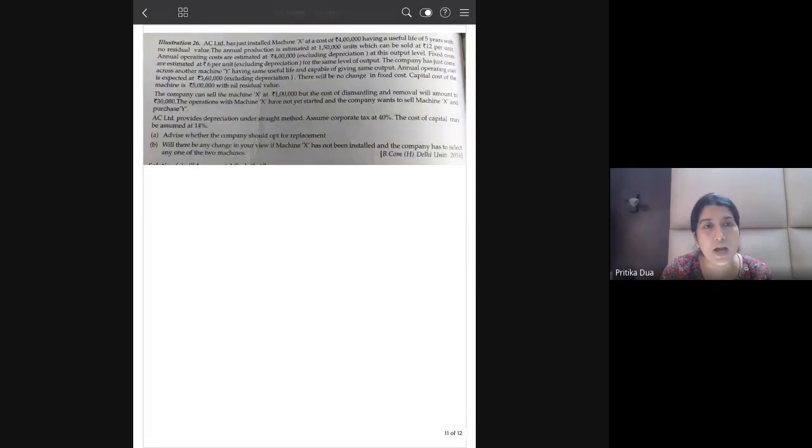Fixed costs are estimated at rupees 6 per unit. Okay, just think and tell, will we consider the fixed cost when we are calculating the cash flows? Are they relevant in such a scenario when you have two machines before you, or you are replacing one machine with the other? Are fixed costs relevant in decision making?